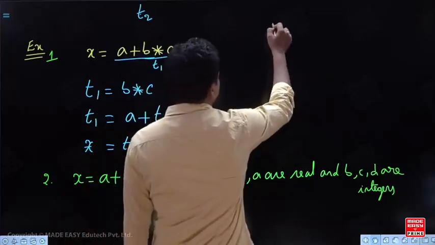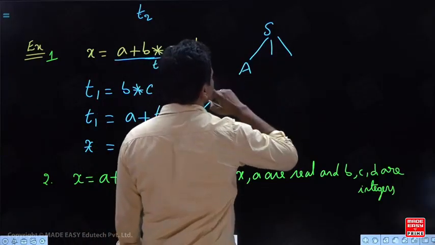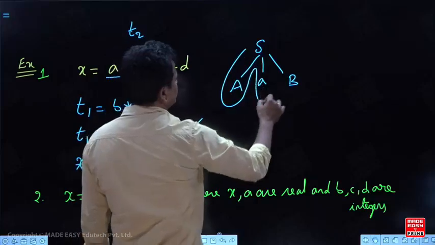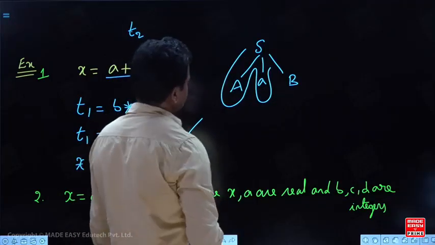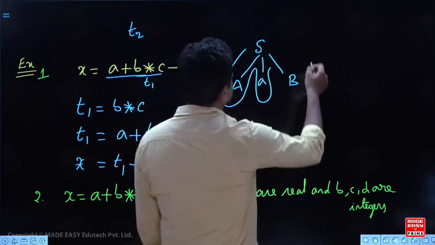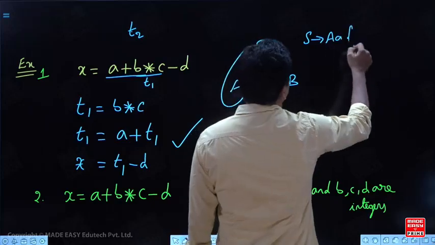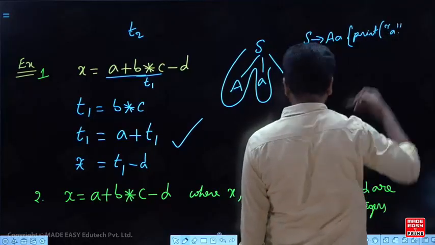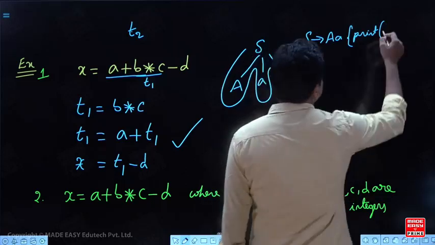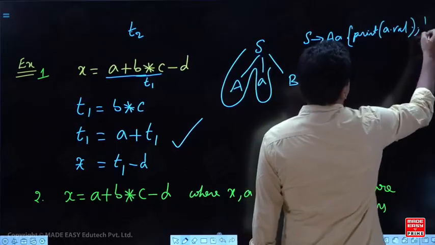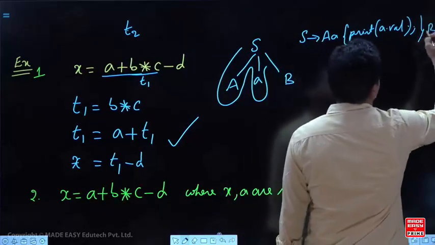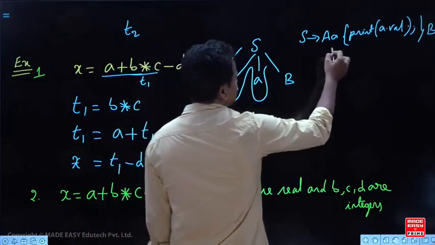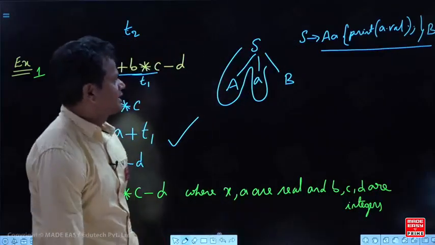Okay, simple. Suppose here I have given that S derives A, then some print A dot value, then followed by B. No doubt it is an L attributed SDT, because you have an action in between.